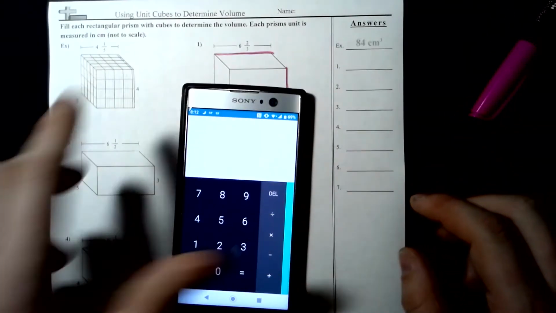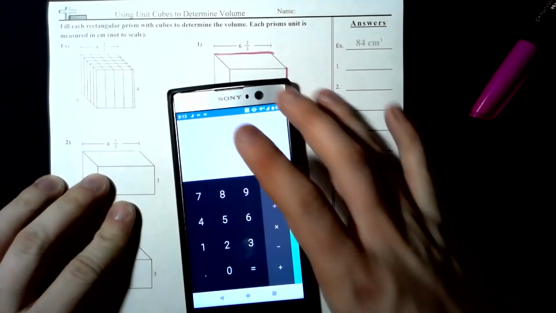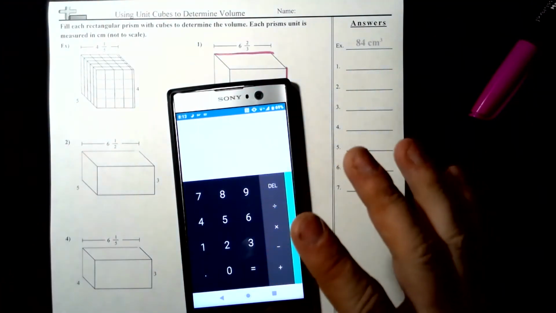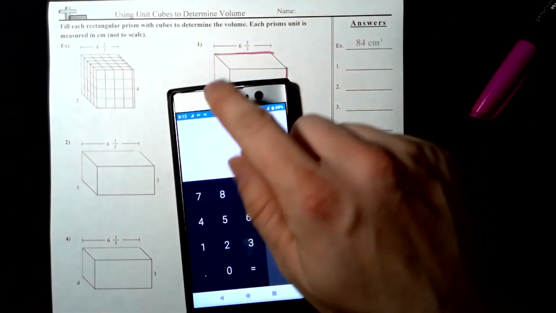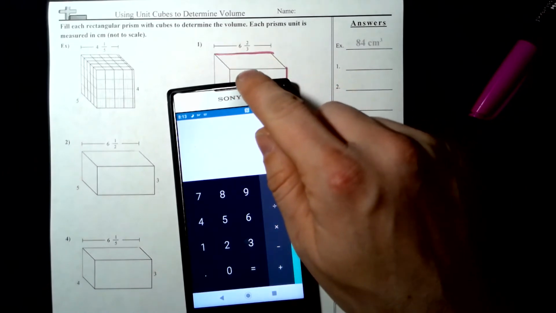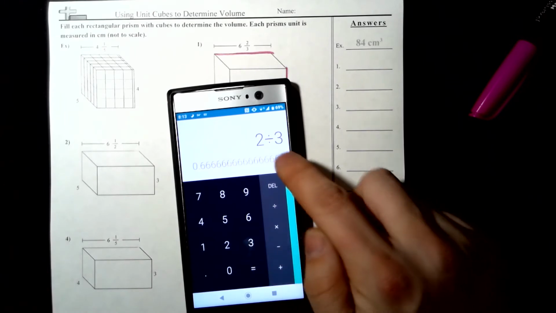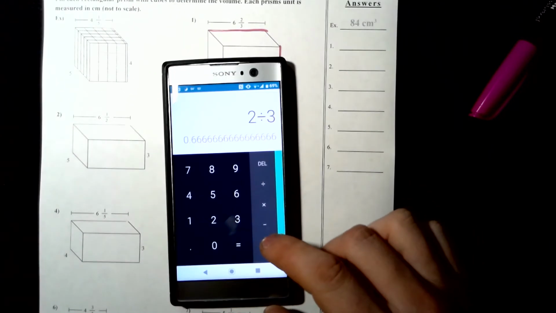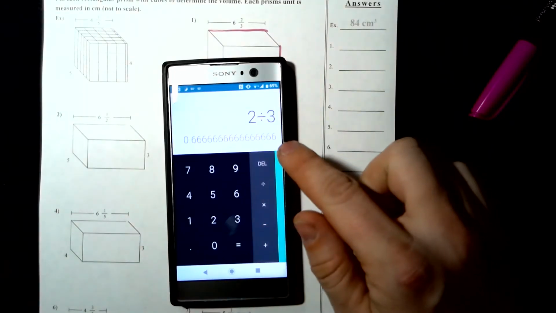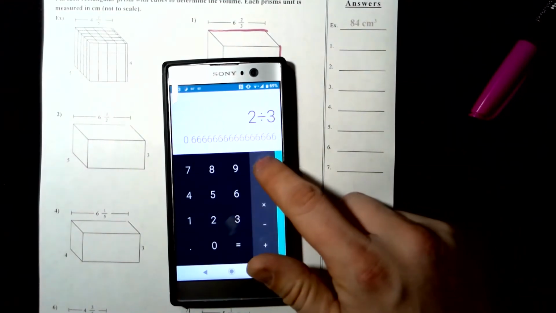Now, my calculator does not do fractions, but here's a little trick you can use to get away with not having to deal with fractions. If you want to know what 2/3 looks like as a decimal, just do 2 divided by 3. And we see that that is 0.6 repeating. That 6 is going to continue to repeat.